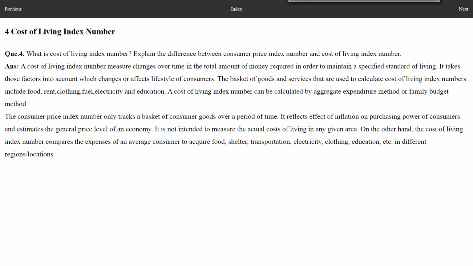A cost of living index number measures changes over time in the total amount of money required in order to maintain a specified standard of living.